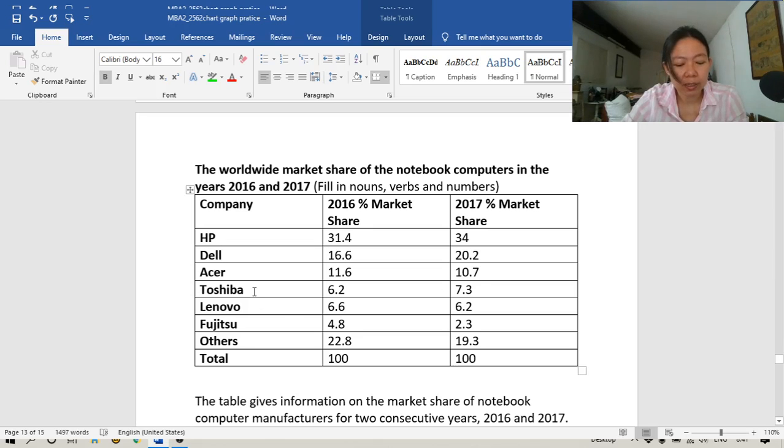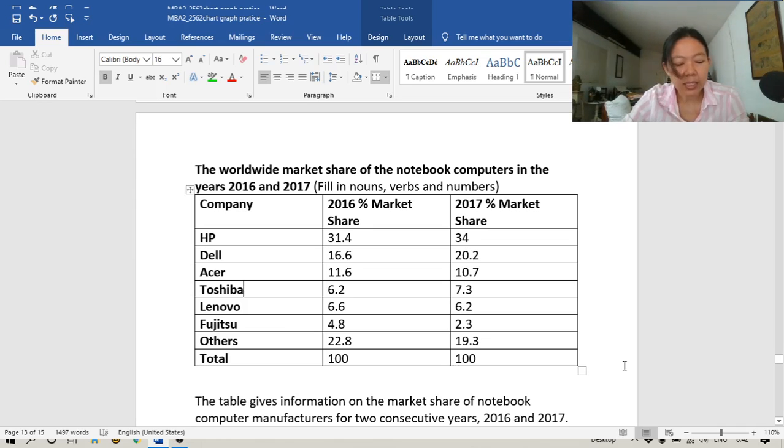Toshiba's share rose from 6.2% in 2016 to 7.3% in 2017, whereas Lenovo fell slightly from 6.6% to 6.2%.